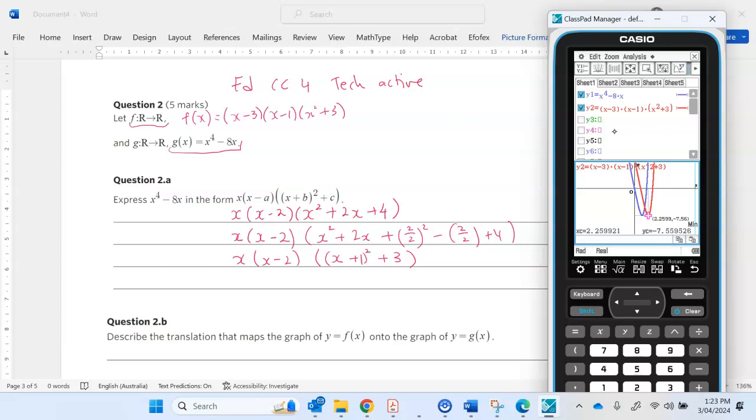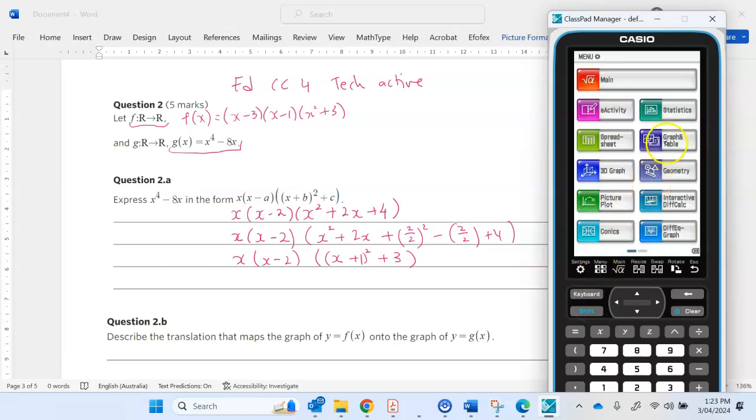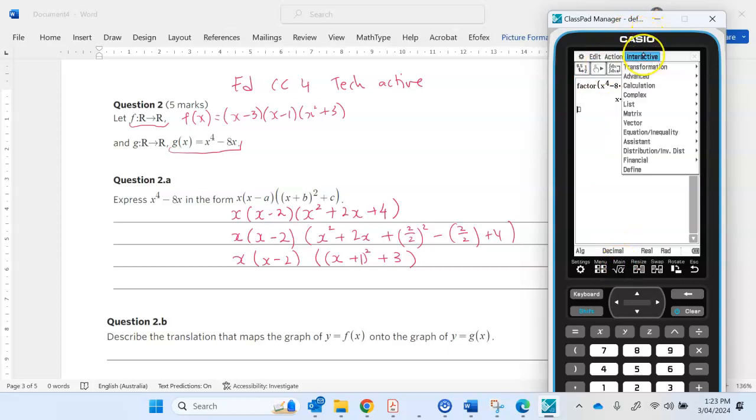All right, so 2.2, okay, so it's a little bit annoying. Let's do these on the other screen, because on your graphing screen, we're not going to have exact values. So I'm just going to copy, go into main, and we can just do function min. We can figure out which one it is.